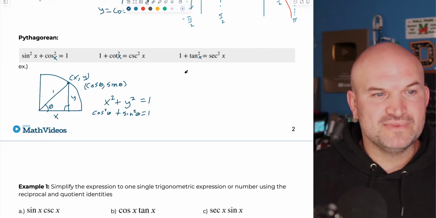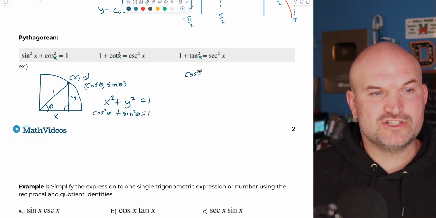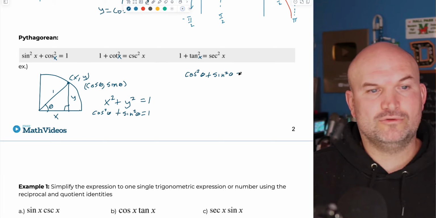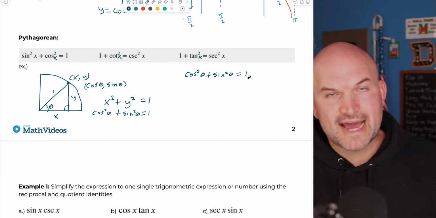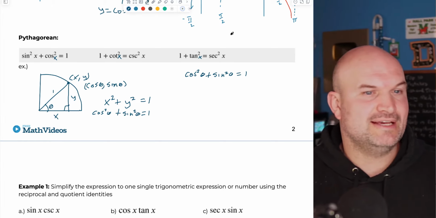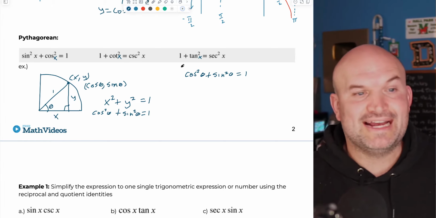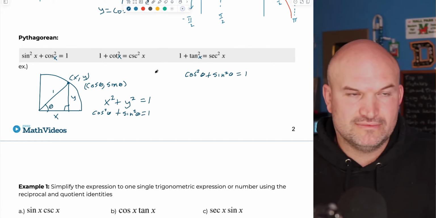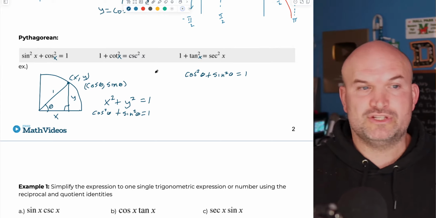So if I have the cosine squared of theta plus the sine squared of theta, and we know that's equal to 1, right? Now, if I want to be able to, let's say, divide everything, as long as I'm doing everything on the same side, and then I'm just creating an equivalent equation.